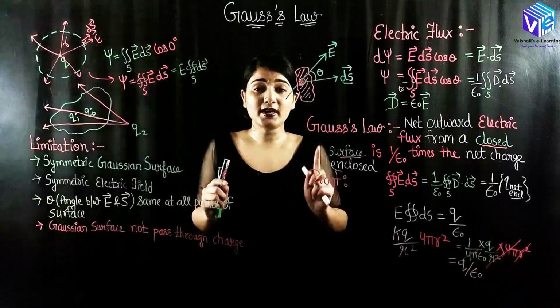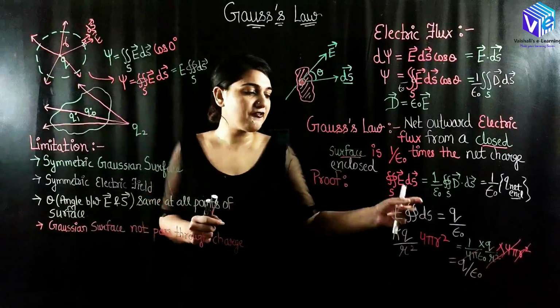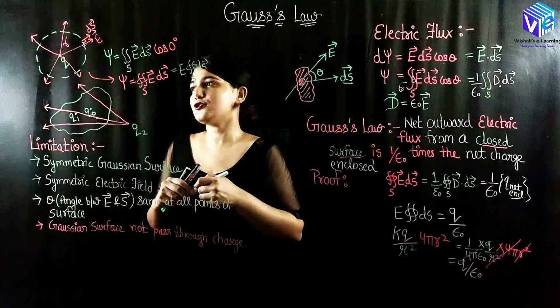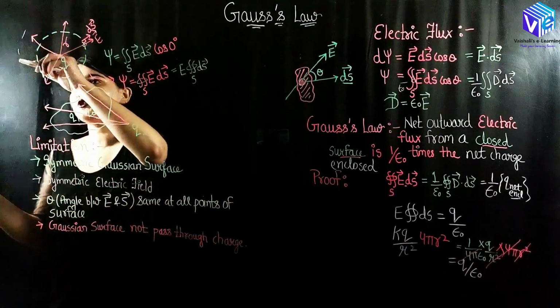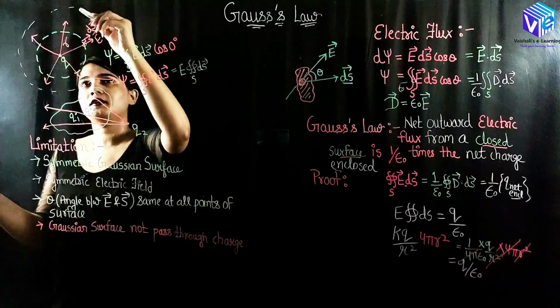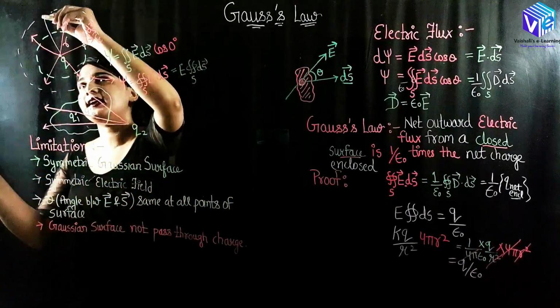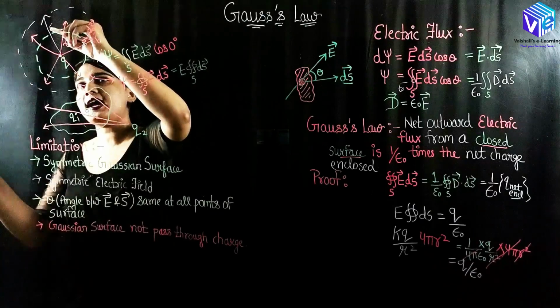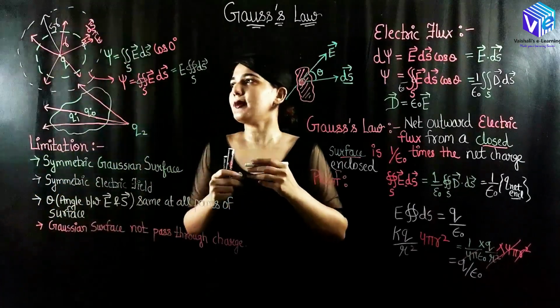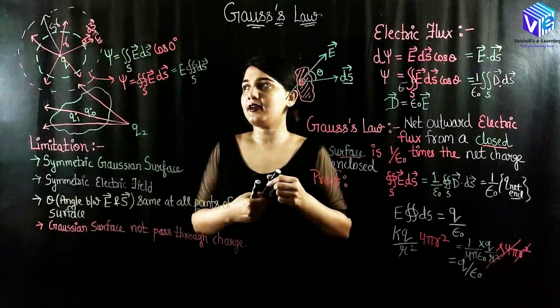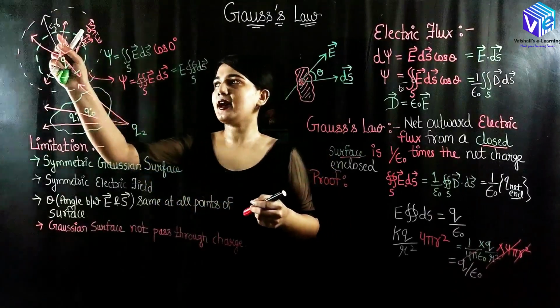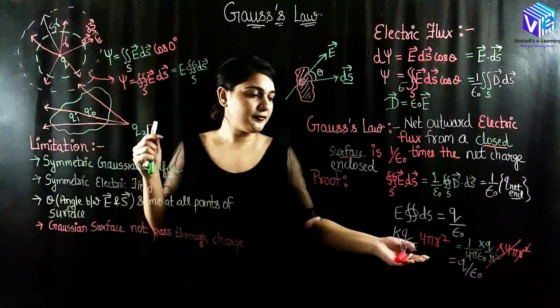Now one thing you must have observed: let's suppose we have one more sphere, and let its radius be 5r. So my radius has now increased. But if I have to find the electric flux, what would it be?